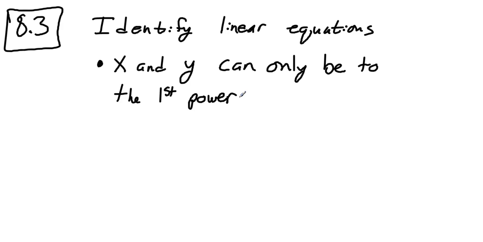So x and y both have to be the first power. Okay, second thing. And this is more of a cannot have. You cannot have x times y.